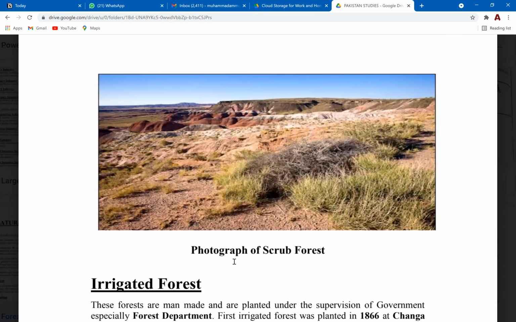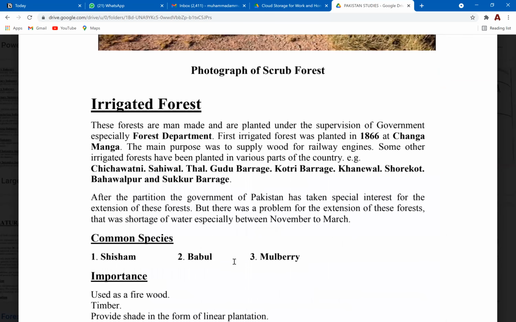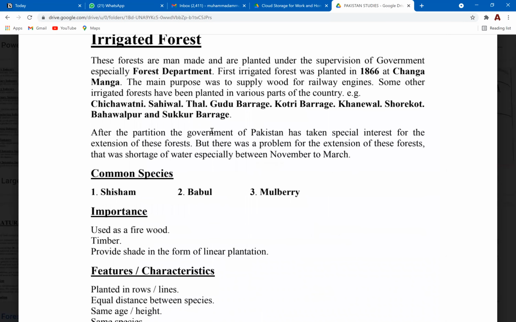Irrigated forests. So irrigated forests are man-made plantations, which are usually grown for different purposes, such as tourism, for construction, or for making scenic landscapes and everything.